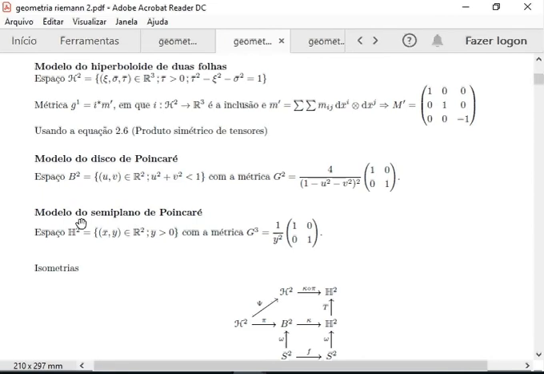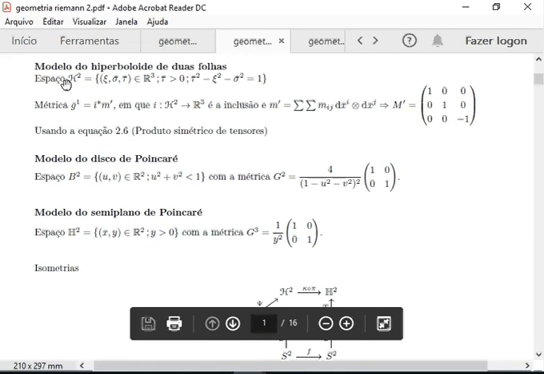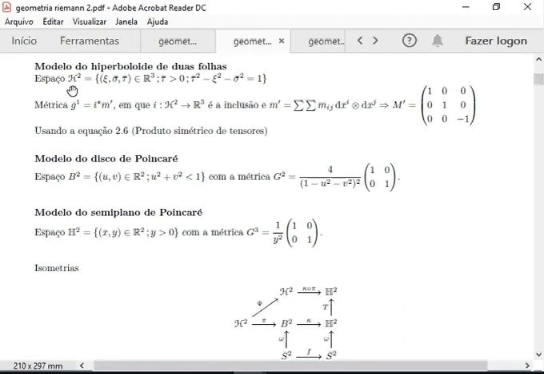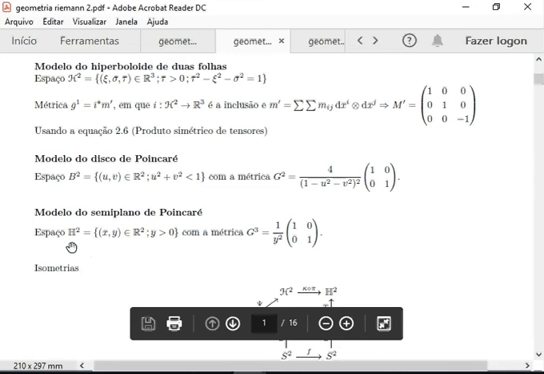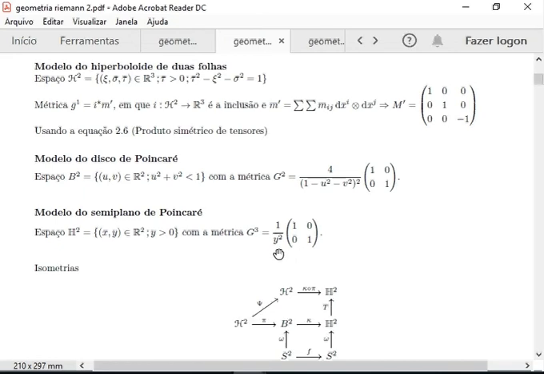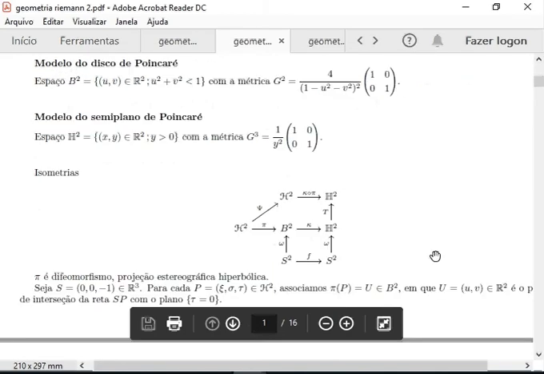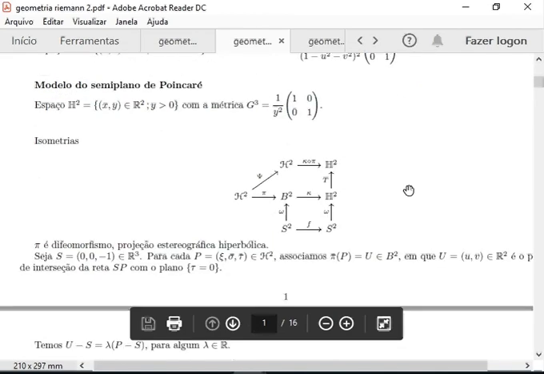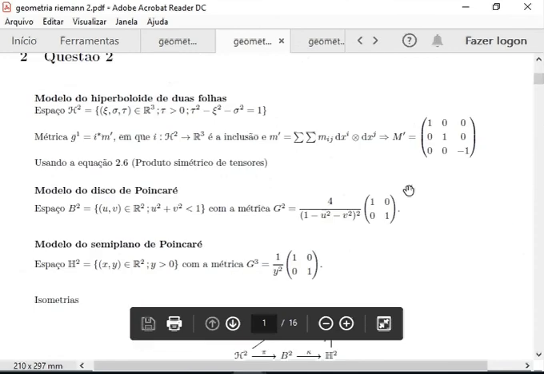Poincaré's half-plane model is double-struck H2, where the hyperboloid is calligraphic H2, and double-struck H2 is (x, y) in R2, y greater than 0, with matrix identity times 1 over y². These three models are isometric, but it's not our subject here.